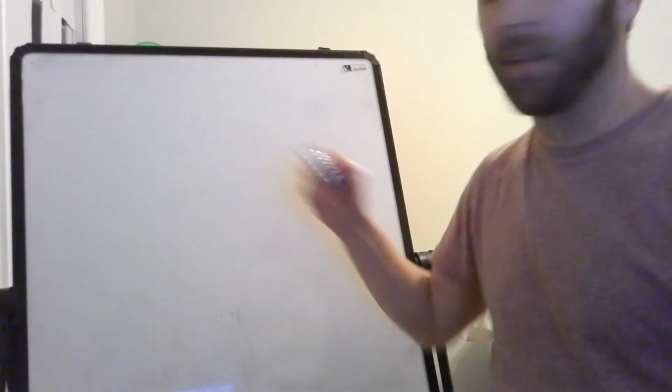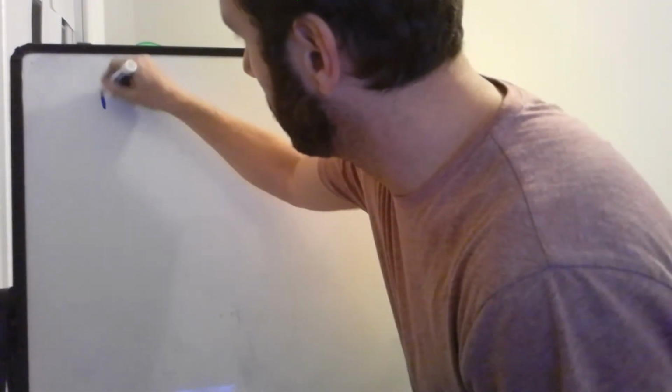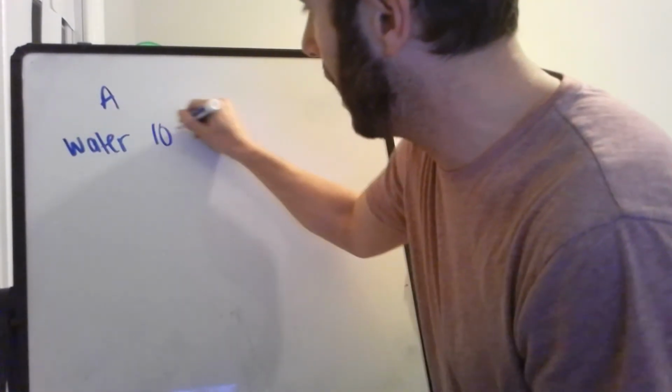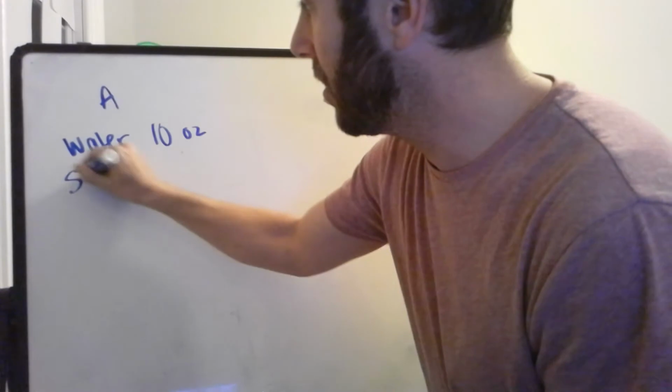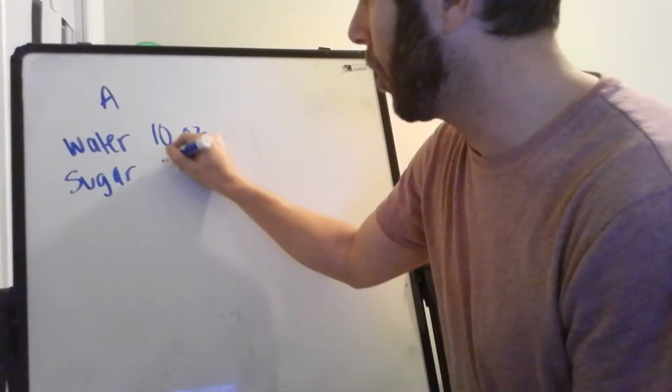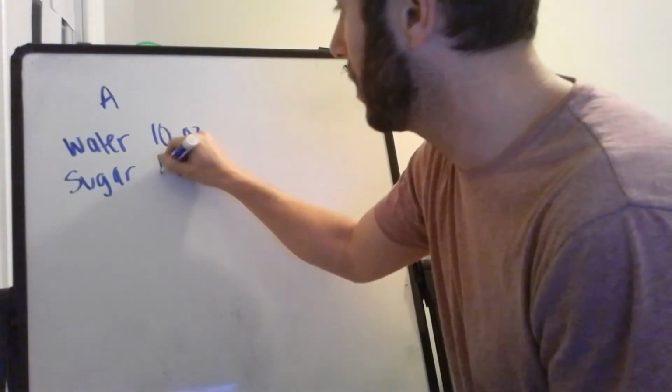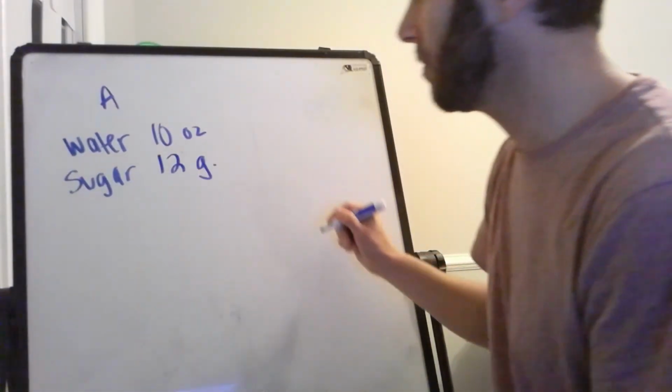So let's say drink A uses 10 ounces of water. And for drink A, we're going to make this really, really sweet. We're going to use more sugar than there is water. We're going to say 12 grams of sugar. Okay.